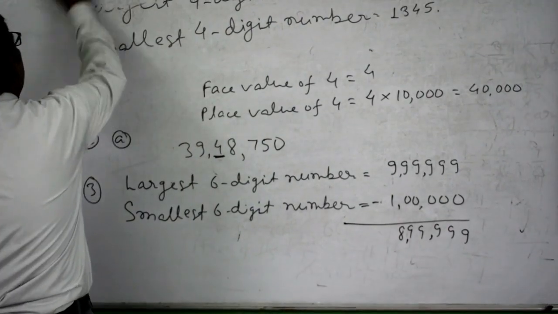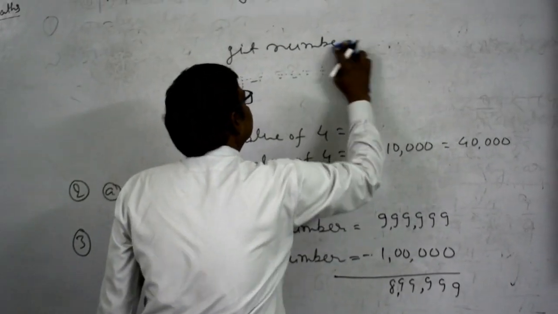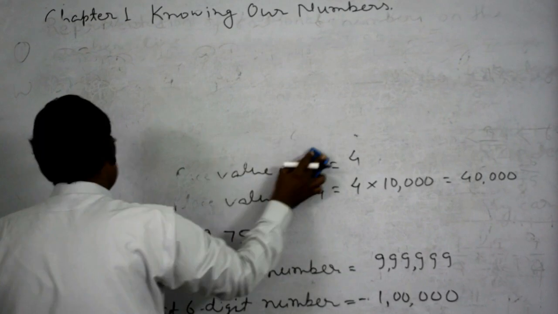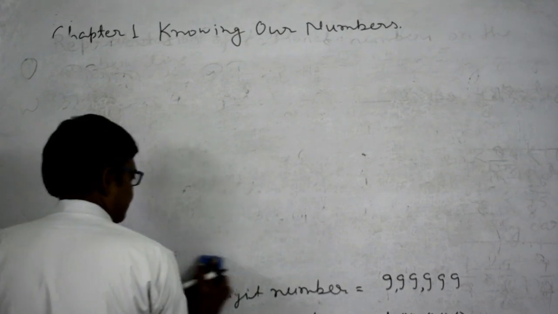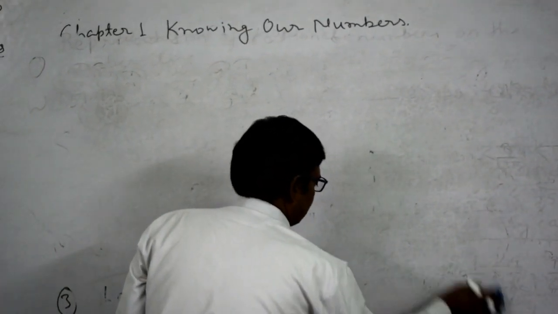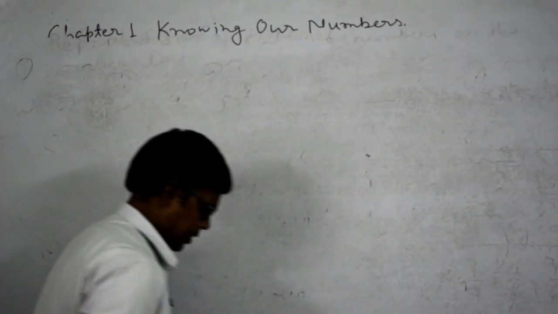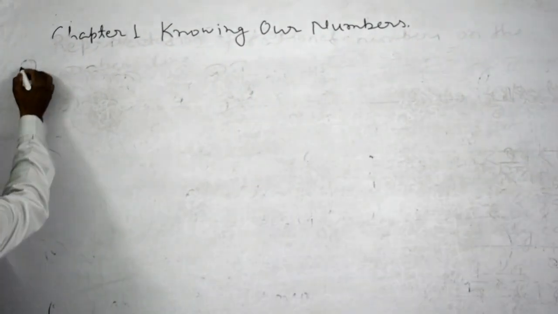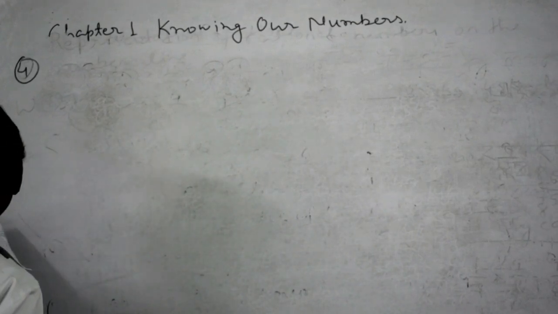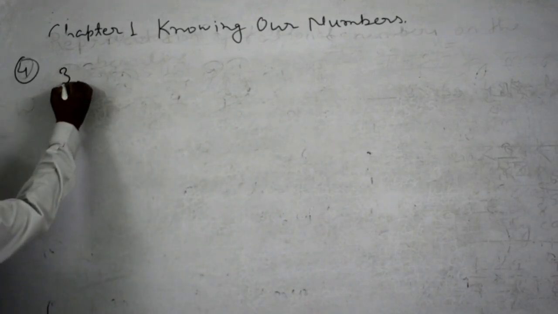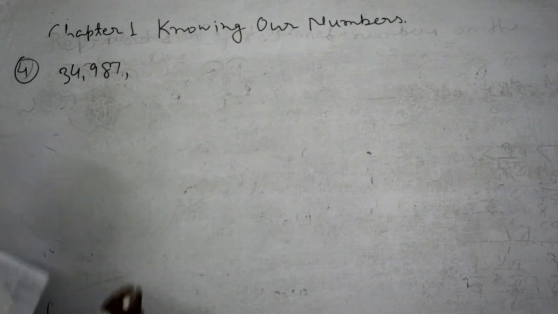So question number 4, arranging. Here the numbers are 34,987, 45,059.